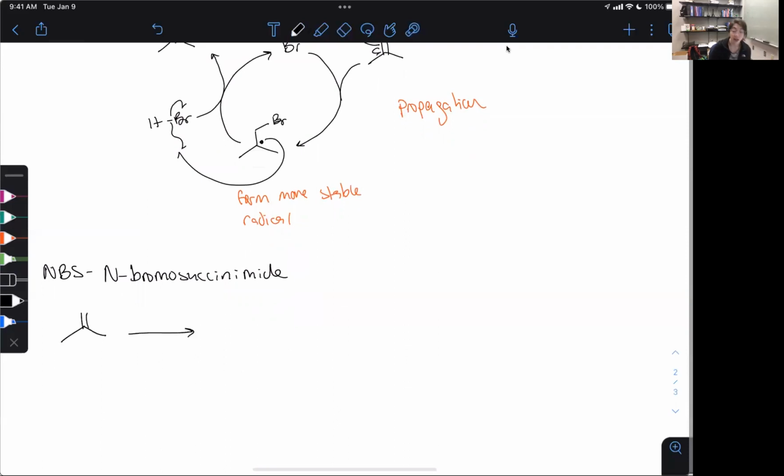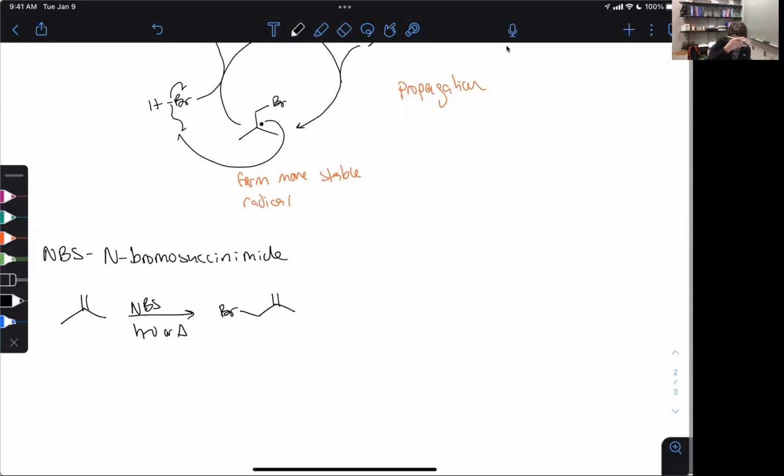If we take the same alkene that we did before, and we have NBS, and we'll add heat or light again, and I said those backwards, I do every time. Then we can end up getting an allylic bromination, okay, or benzylic, depending on what you want.